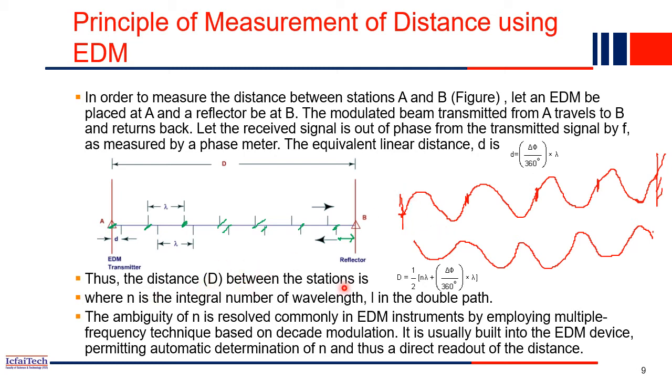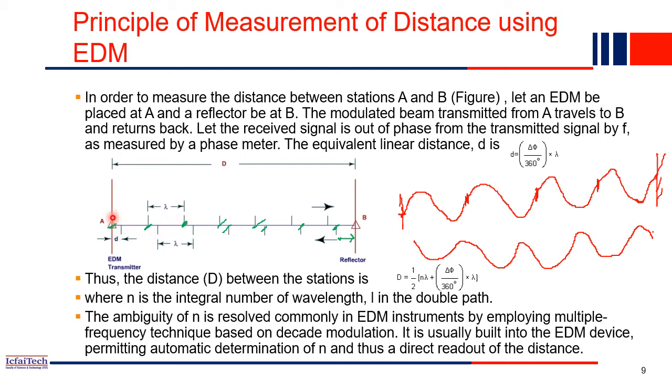So the distance will be half of that. Why half? Because the wave traveled twice: from here to here, and from here it comes back to B. That's why whatever total distance we got, we are dividing by 2, into n into lambda. Why n into lambda? Because n is the number of wavelengths.